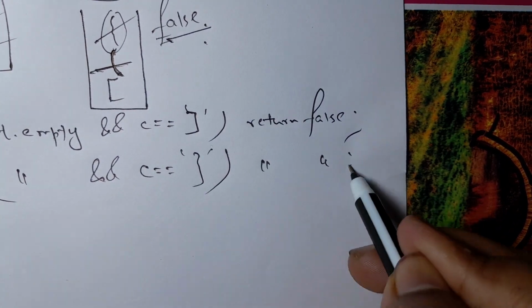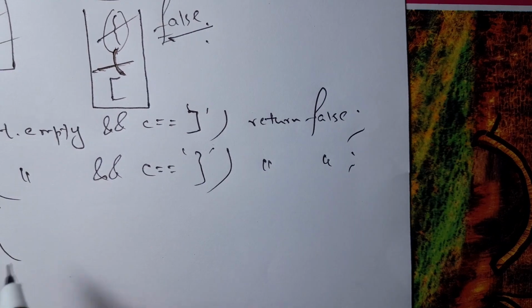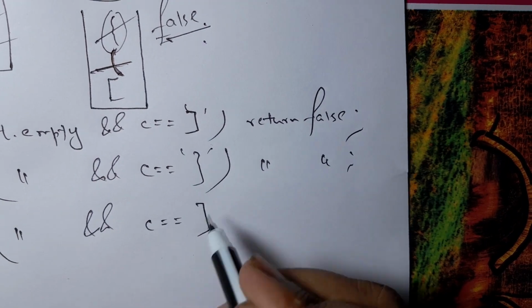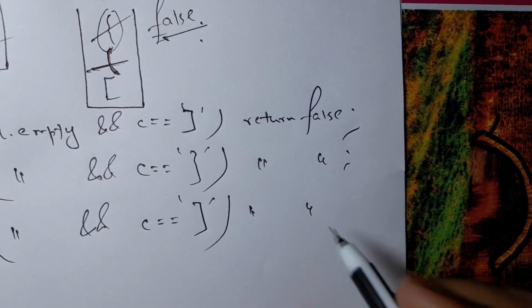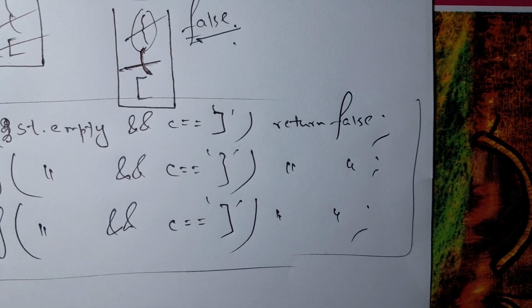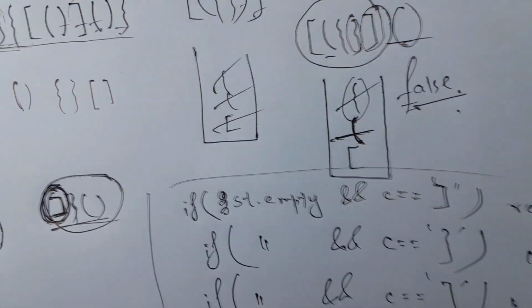If c is equal to a closing bracket, return false. Hope it is clear. Now coming to the part where I will push into the stack and pop out from the stack.